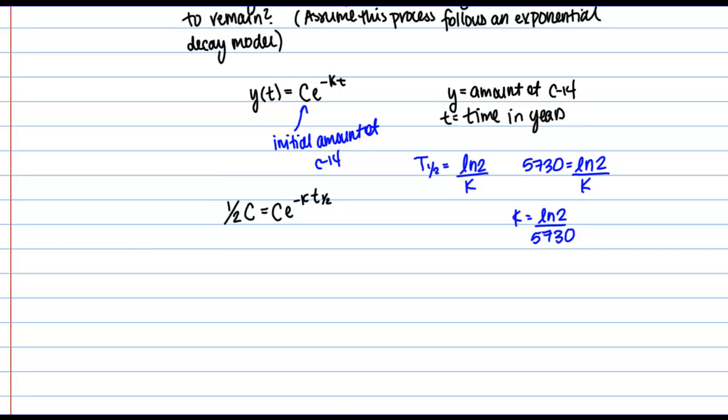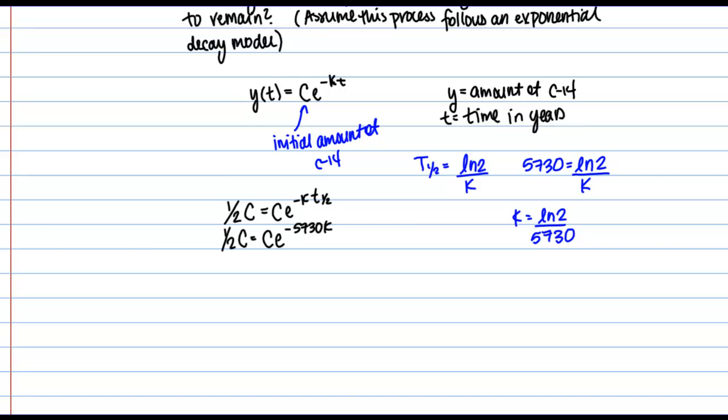But I'm told what that half-life is, so I can plug in that value. It was 5,730, so I have one half C equals Ce to the negative 5,730 k.